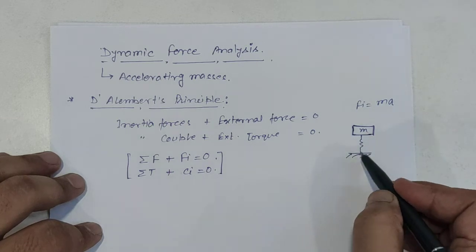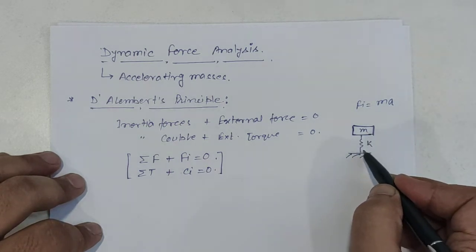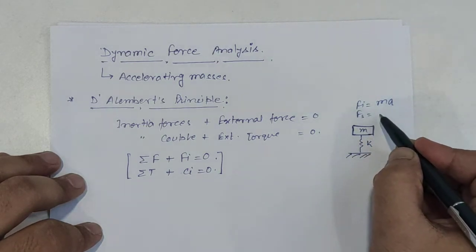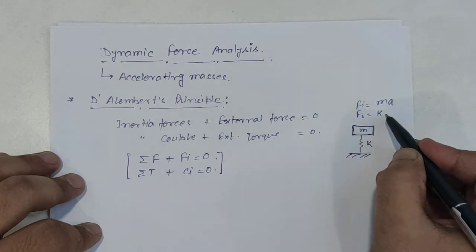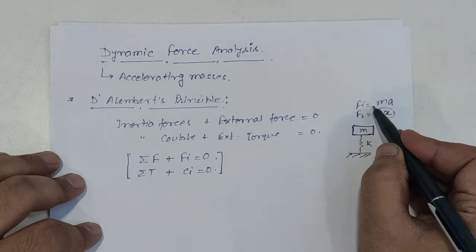The total force acting on this body by the spring k will be equal to k into x, where x is the displacement. So this is the spring force, and this is the inertial force.